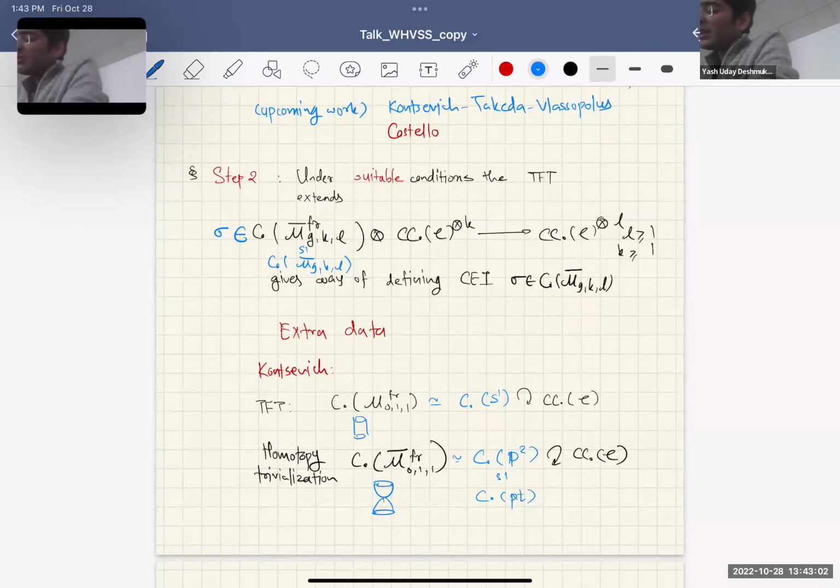Okay, let me not take sigma here. Let me take sigma inside the usual Deligne-Mumford space with marked points, not boundaries. So in this case, geometrically, we just think of this action as counting stable curves where the domains lie in sigma.